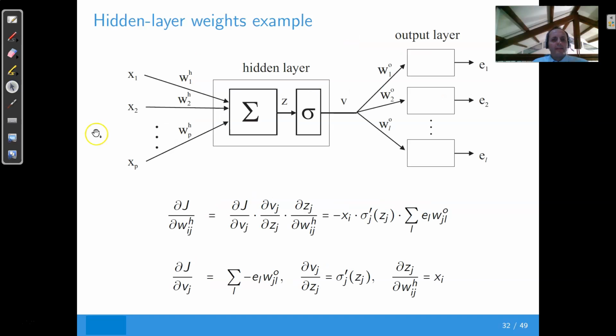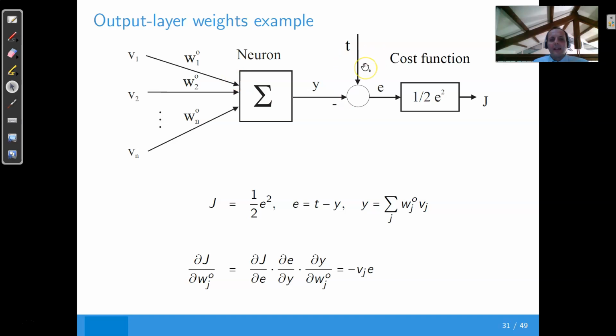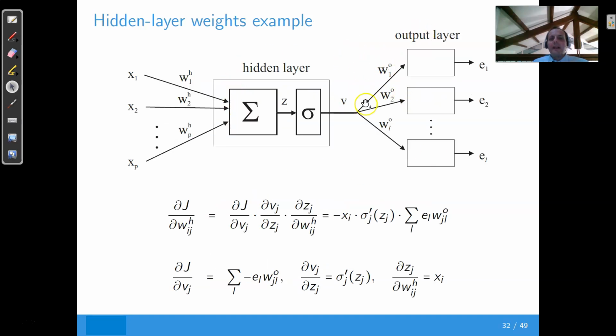Let's go ahead. By moving backward, for the output layer, we move from the output layer to the hidden layer.